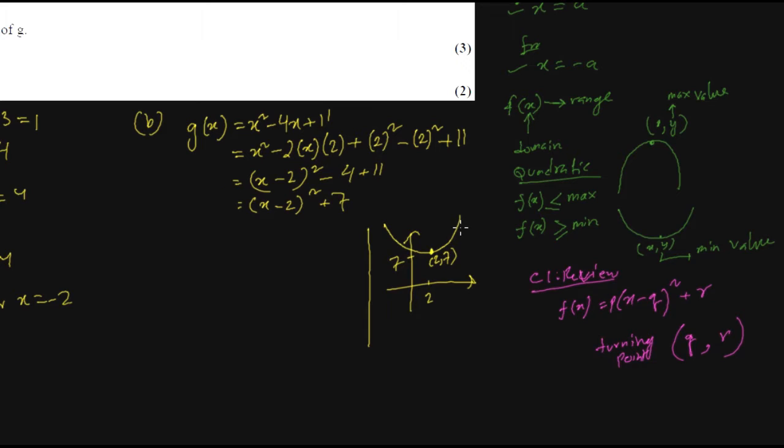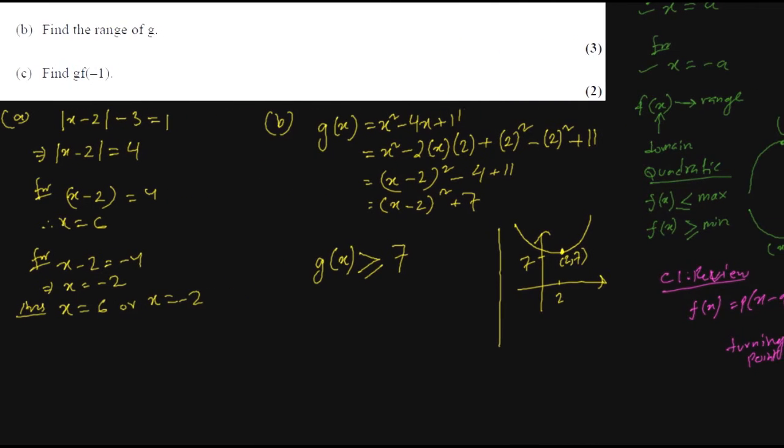So now when they are talking about the range, you remember the rule, it has to be f(x) is greater than or equal to the minimum value. Here the minimum value is 7, the y coordinate is called the minimum value, so the range of g(x), because the function is called g(x) here, is greater than or equal to 7. So that's the range in this particular sum.